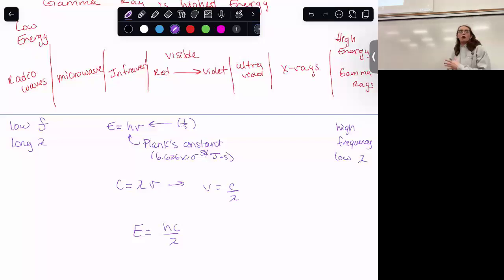So you don't even need to solve for the frequency sometimes if you know the wavelength or the energy. You can just use your constants to find one or the other. I don't think this last equation is given to you on your formula sheet. It might be if he's nice. But you can always solve for it given the other two.